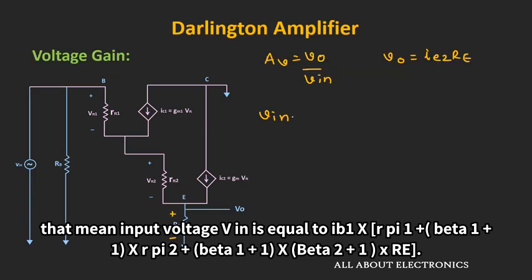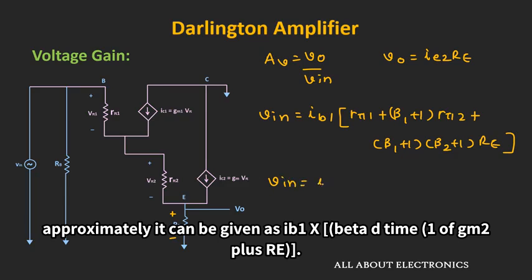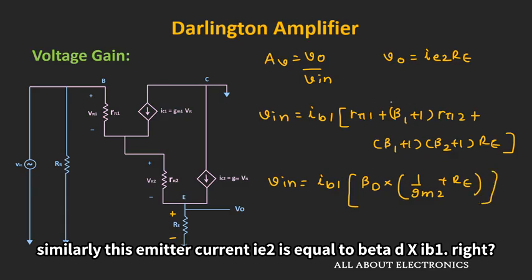That means input voltage Vin is equal to IB1 times RPi1 plus beta 1 plus 1 times RPi2 plus beta 1 plus 1 times beta 2 plus 1 times RE. And as we have seen earlier, approximately it can be given as IB1 times beta D times 1 over GM2 plus RE. Similarly, this emitter current IE2 is equal to beta D times IB1, right?